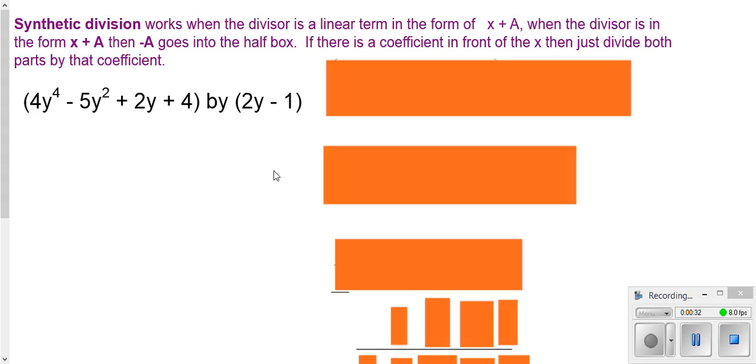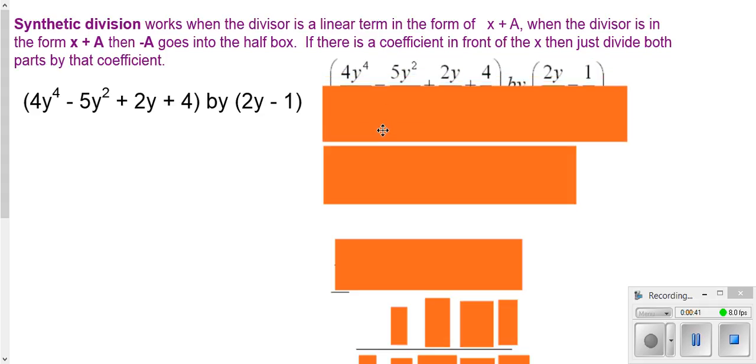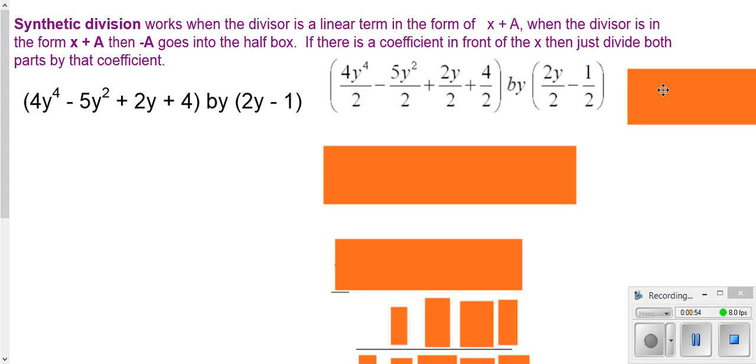So if it's not specifying which method you have to use, some of you may just prefer to do longhand division. Now, we have our initial problem, and it's being divided by this. So to get our y, to get rid of the 2, we have to get rid of that timesing by 2. So we're going to divide everything by 2.